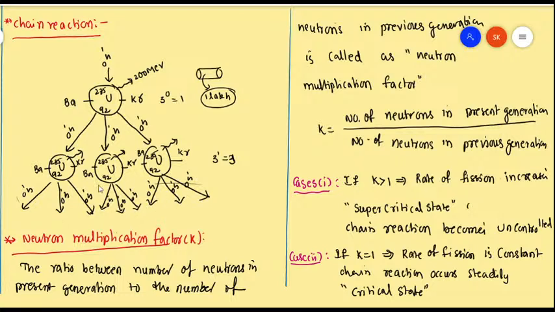Out of 9, if 8 are absorbed, only 1 remains. So the number of neutrons in the present generation is 1 and in the previous generation is 3. 1 by 3, that means k is less than 1.